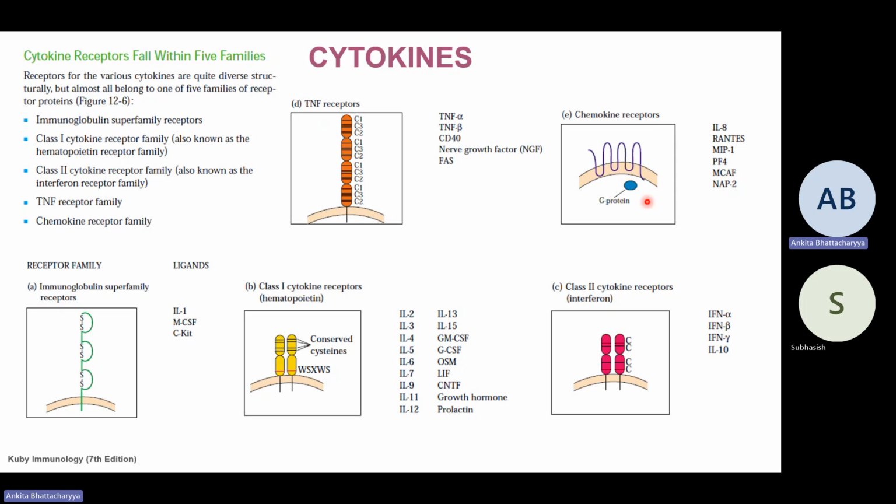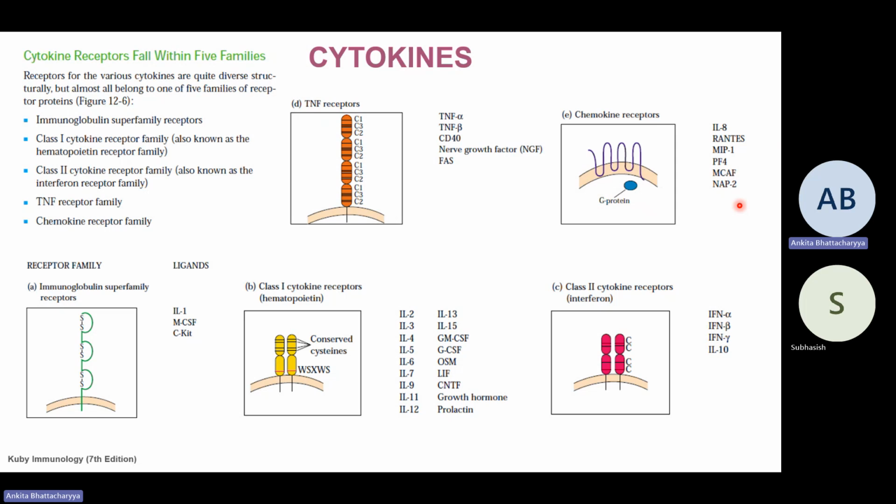And towards its C-terminal end, you can see a blue colored G protein which is present. The reason for that is that this does not have an intracellular or cytoplasmic tail. The information which is received by this receptor is conveyed via the G protein which comes downstream of it. Now coming to the ligands, you can see a different set of ligands here as well: IL-8, RANTES, MIP1, PF4, MCAF, and NAP2.